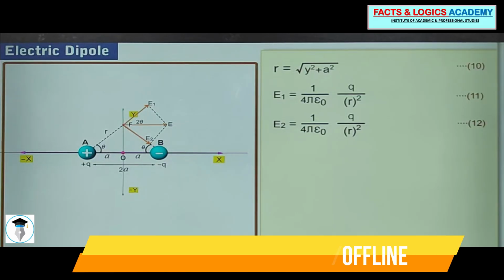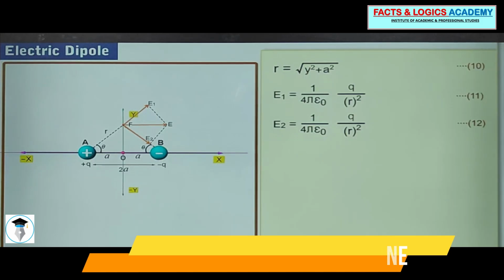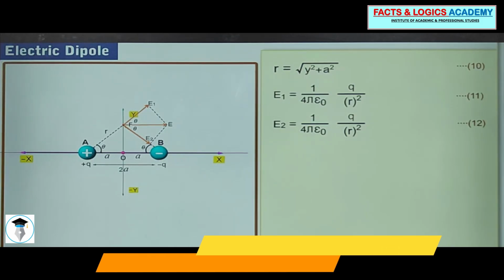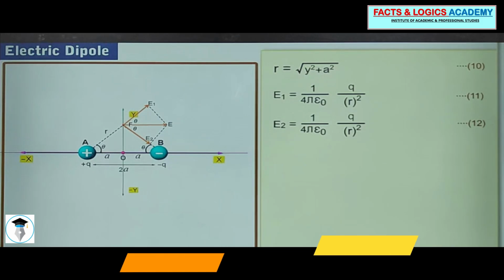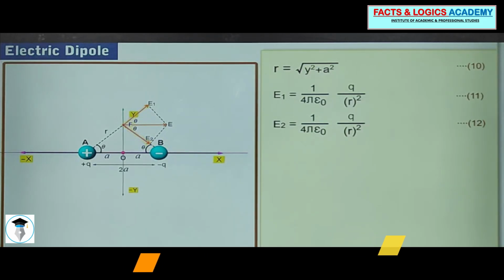Hence, the diagonal bisects the angle 2 theta. Thus, the resultant of E1 and E2 makes an angle theta with the direction of both E1 and E2. The resultant is parallel to the x-axis and is directed along AB.